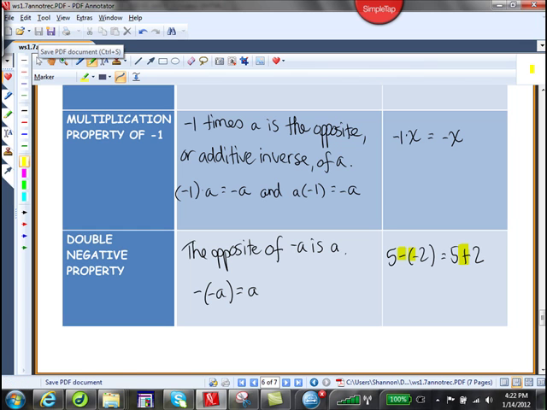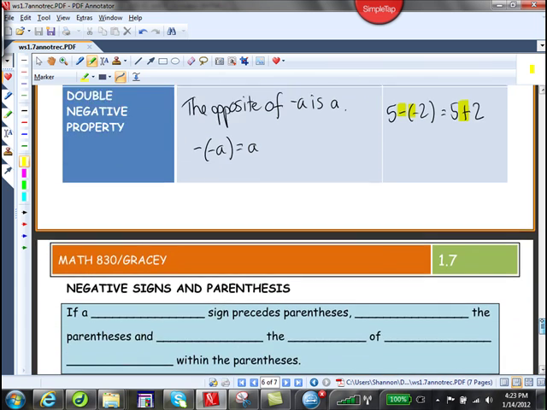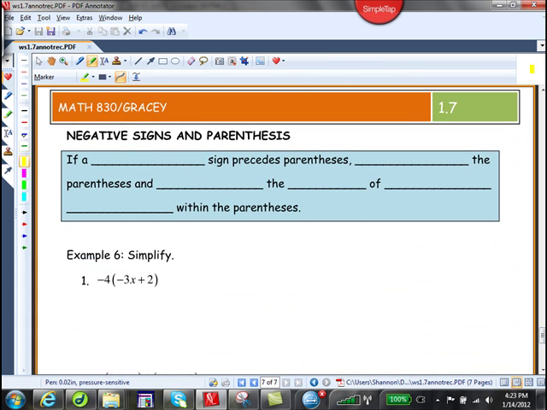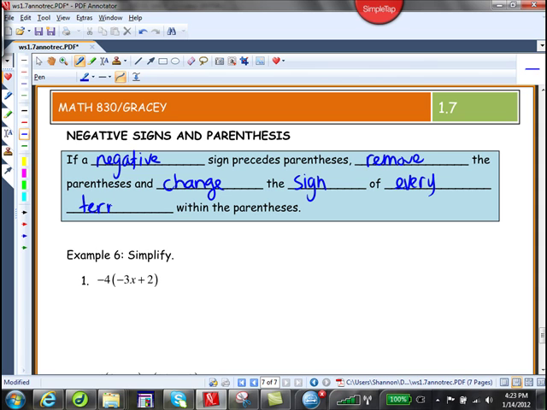Okay, last page, my friends. If a negative sign precedes parentheses, remove the parentheses and change the sign of every, that's important, every term within the parentheses.